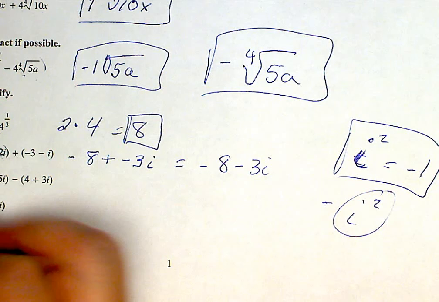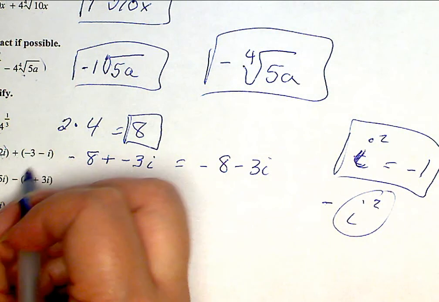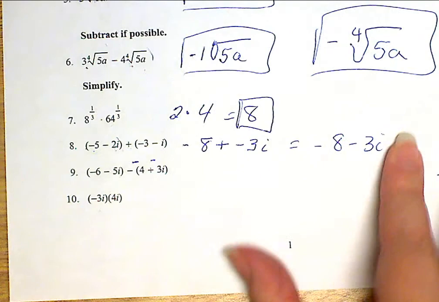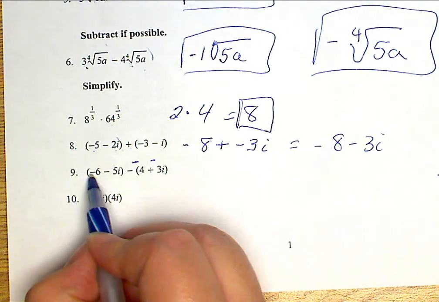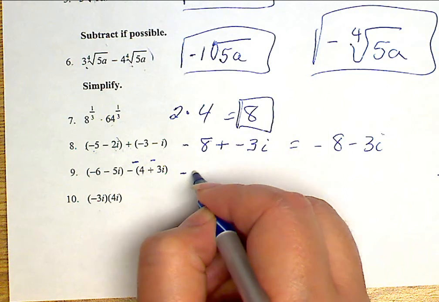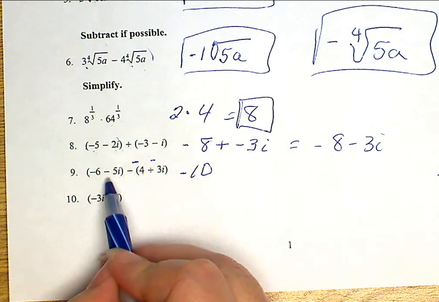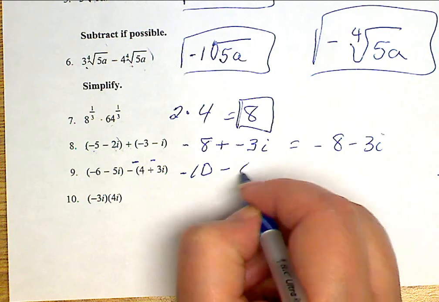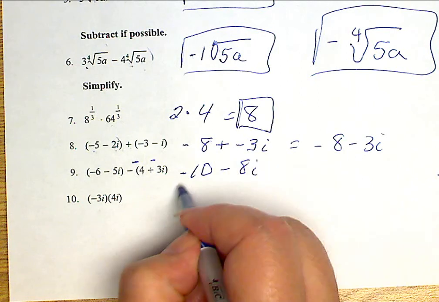All right, combining like terms again. I would personally distribute the negative. So you have -6 minus 4 gives me a -10. And then we have a -5 minus 3 gives me a -8i. You're combining like terms.